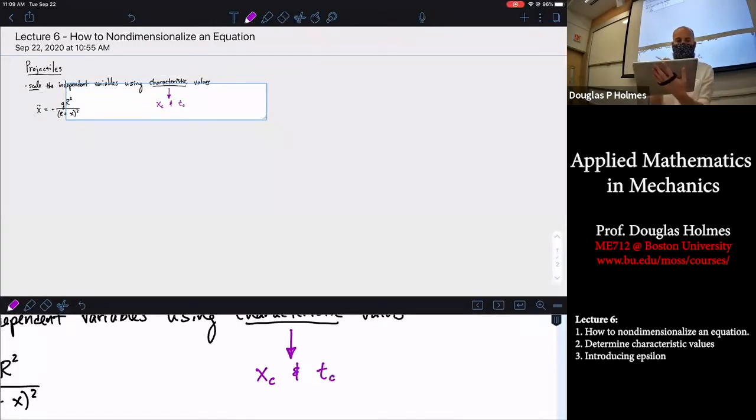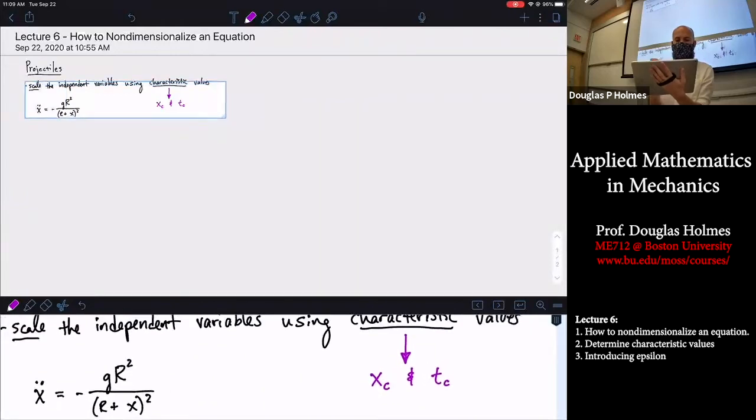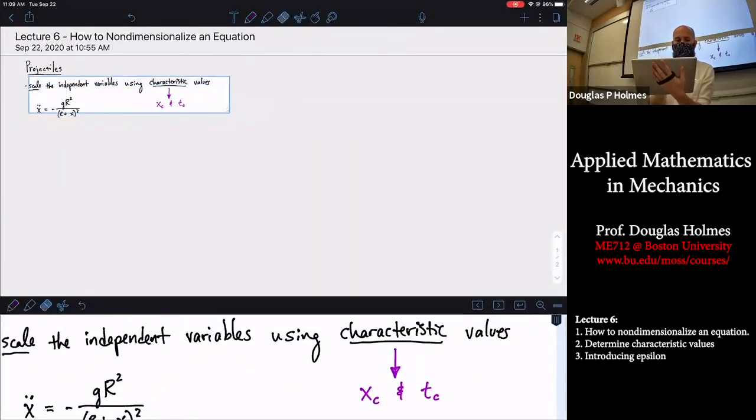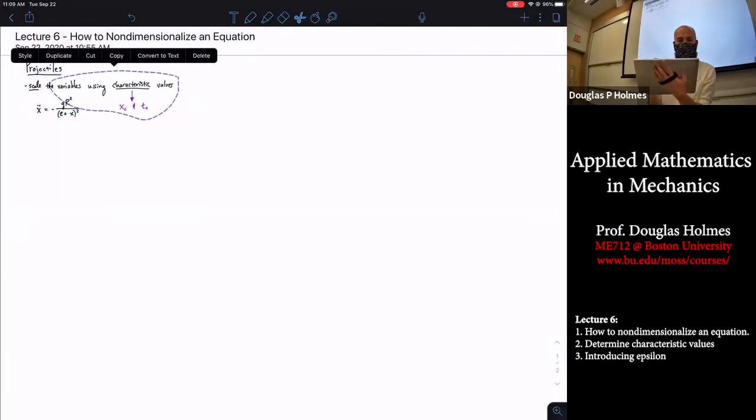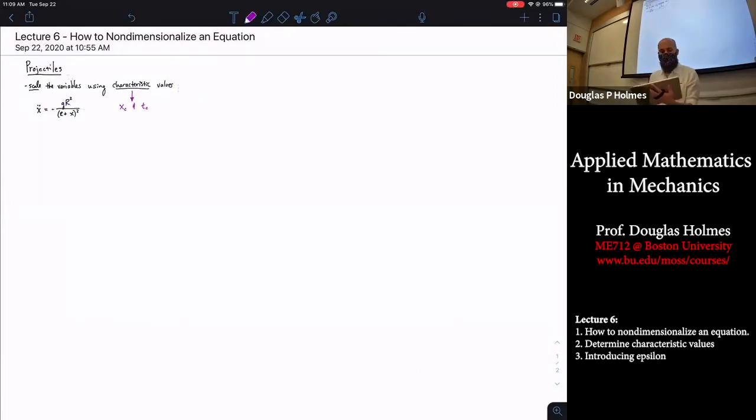I should be more careful here, because it's really just the variables in our problem, so it's not just the independent ones. The dependent variable x is also what we're dealing with. So, sorry. Let's pretend like I never did that.